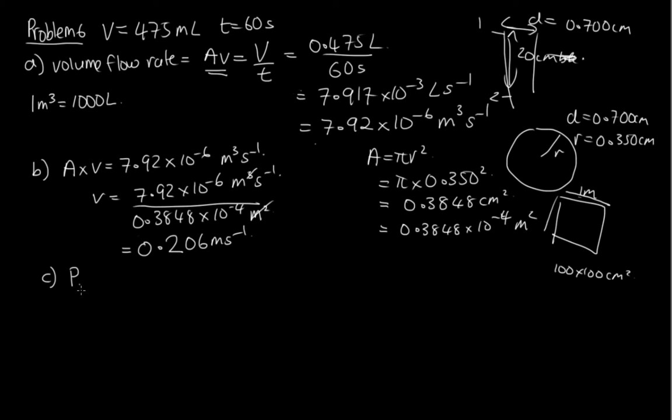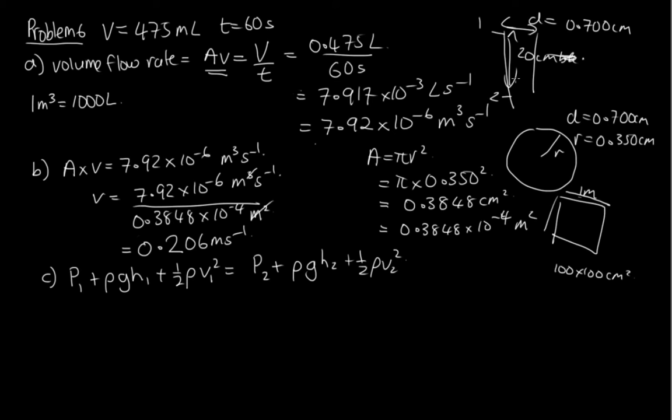So we know that pressure plus the density times gravity times the height at position 1 plus a half the density times the velocity at 1 squared is equal to the pressure at 2 plus the density times gravity times the height at 2 plus a half the density times the velocity at 2 squared.